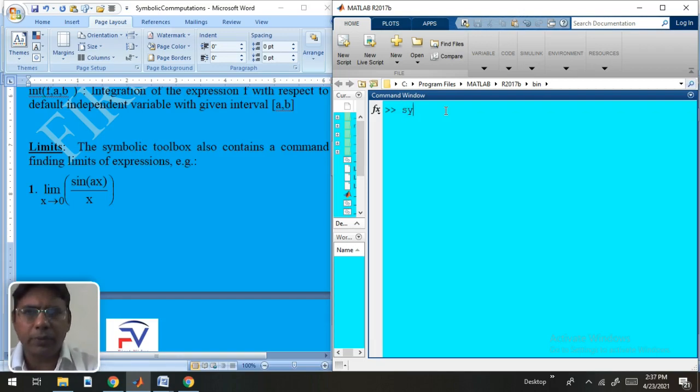So first we have to define that x and a are symbolic parameters.